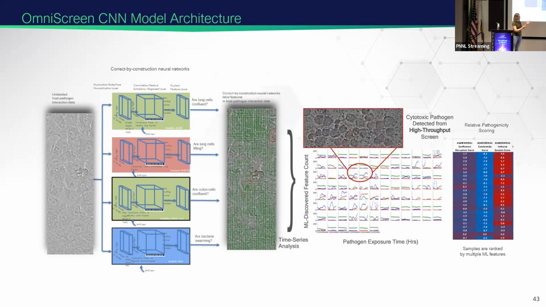And because they're doing this over time, if the machine learning model is finding more of the unhealthy patterns over time, which is what these little graphs show, then we can say, oh, these cells are getting more sick over time. This is likely a pathogenic bacteria. And then from that information, they're able to give it an actual score of how pathogenic that bacteria is. There are human cell lines.